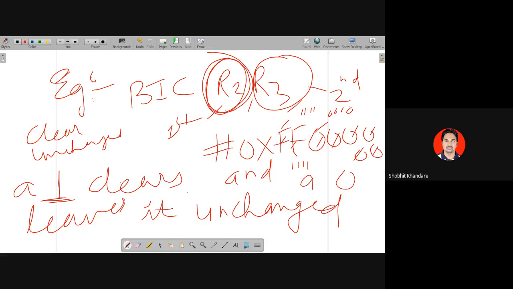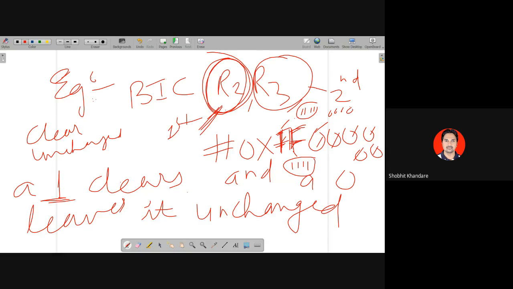So the bits that I want to clear, there those bits should be 1. So if I am saying FF, can I say the upper two nibbles? This is the upper nibble, and below it the second nibble. And a total of 8 bits are 1. So where you have 1, that particular bit will be cleared in R2. So if I want to clear the upper two nibbles of R2, your upper two nibbles should be 1 1.